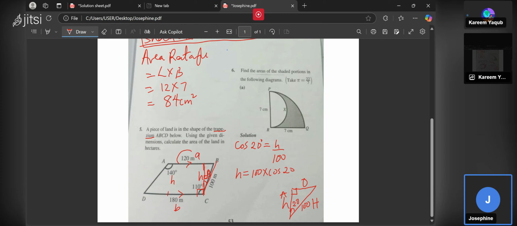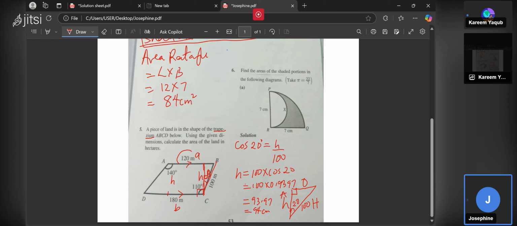So use your calculator, 20 then cos, that is 0.9397. So we multiply, and you get 93.97. So approximately it's going to be 94. So the height is 94 centimeters.